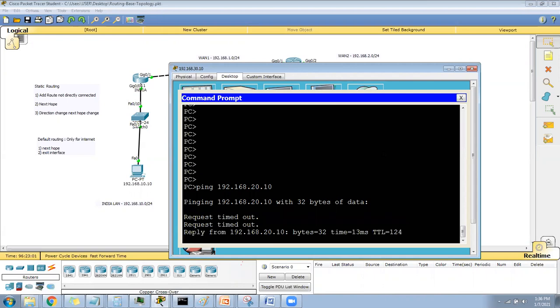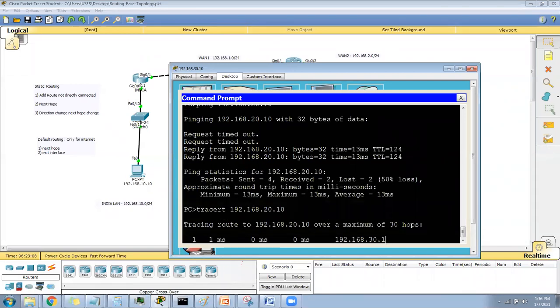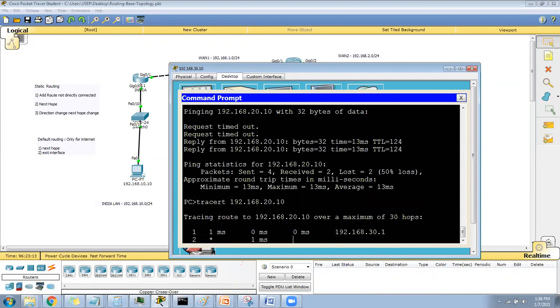Done, it's pinging now. If I do a traceroute, how is it going? First the gateway, then in the routing table the router says, no, I don't have 20.0, so I'm just passing it to my gateway, the next hop.